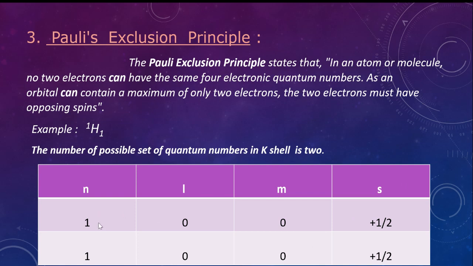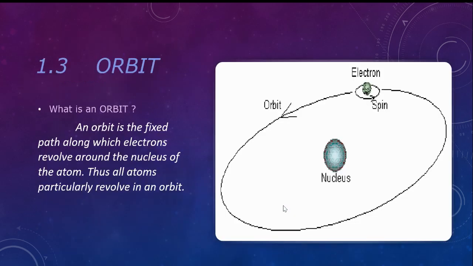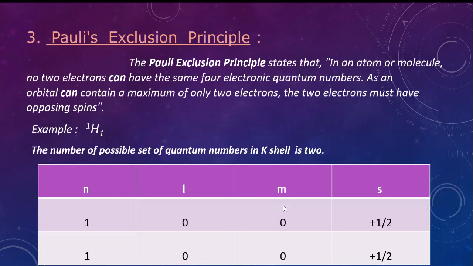That is, for the first one n is 1, and for the second one also n is 1. And l is 0 for the first one and also for the second one. And m is also 0 for the first one and the second one. Okay, so this rule says that for any two electrons, the quantum numbers will not all be the same.